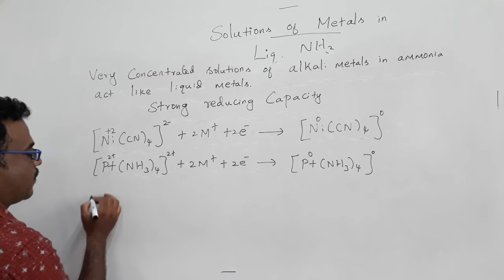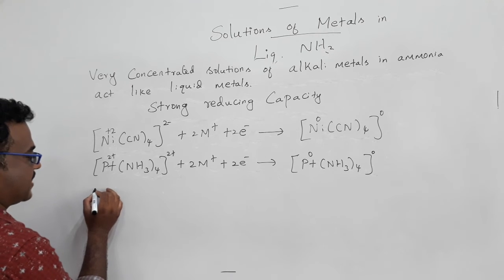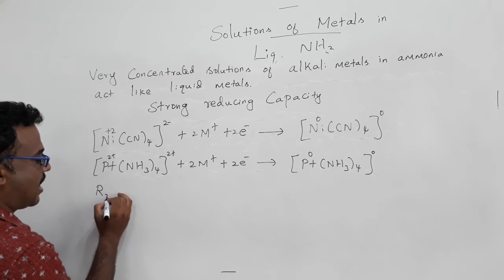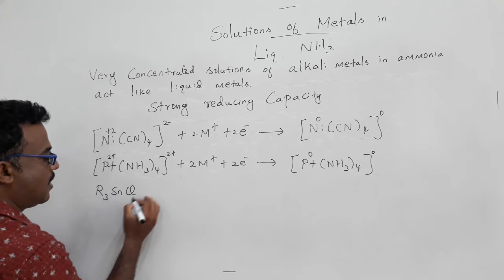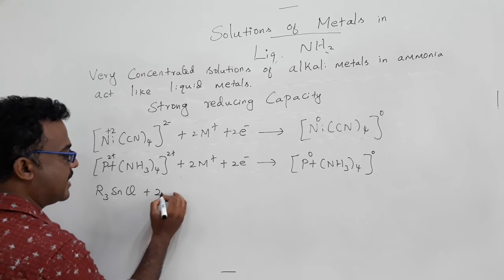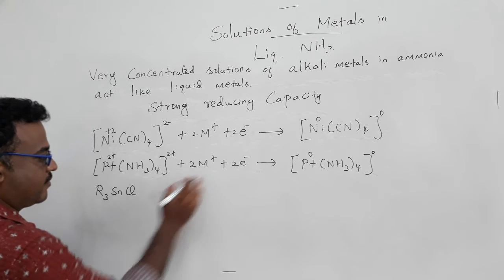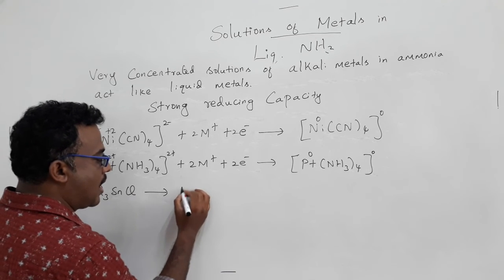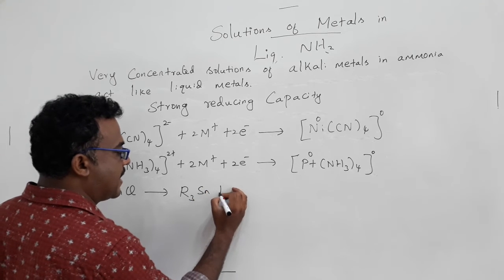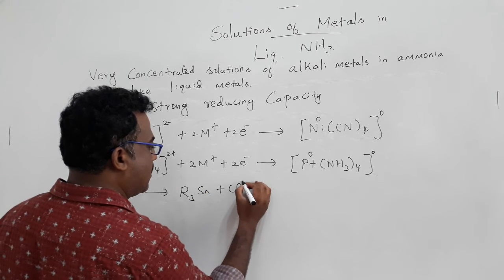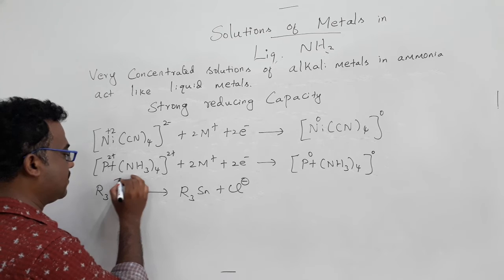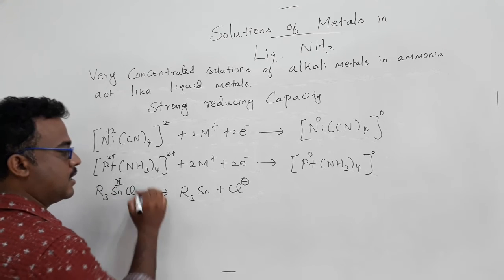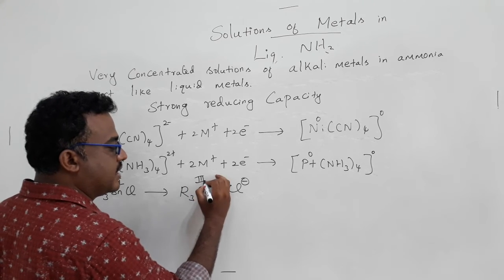And also we can go with some other complexes, such as, for example, you can react with triorganotin halide. If you react this one with the metal ammoniate, for example sodium ammoniate, it will be reduced to R3Sn plus halide. Here tin in plus 4 oxidation state is reduced to the 3 oxidation state.